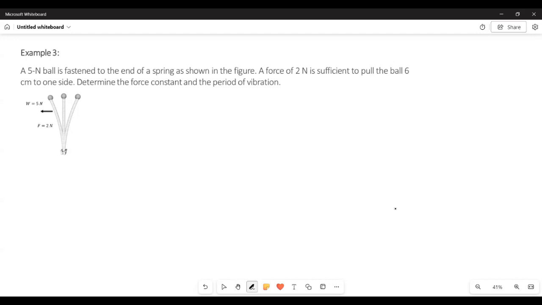So kanina meron tayong pinresent na formula, which is yung F is equal to Ks. So ang pinapahanap sa atin is force constant, which is also the spring constant. So parehas lang sila ng spring constant. Okay, so kung ganun pala, divide natin both sides ng s. So magkakaroon ka ng k is equal to F over s. 2 yung ating force, and then we have a 6 centimeter na value.